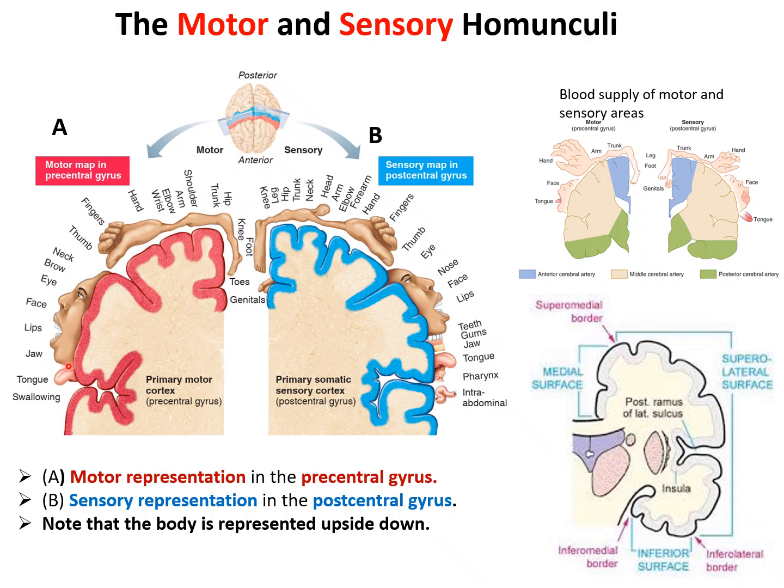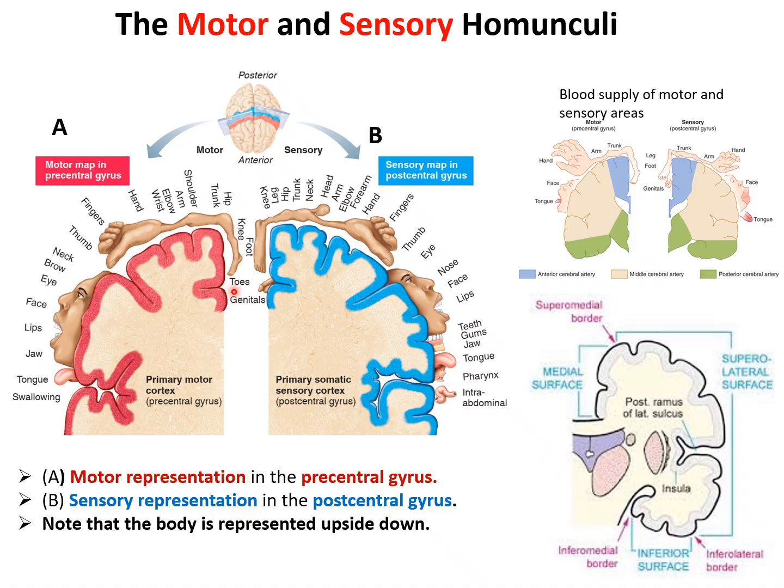The body is represented upside down, where the face is down and the lower limb is up. You can find the area controlling the tongue muscles, the area controlling the facial muscles, the area controlling the hand muscles, and so on.